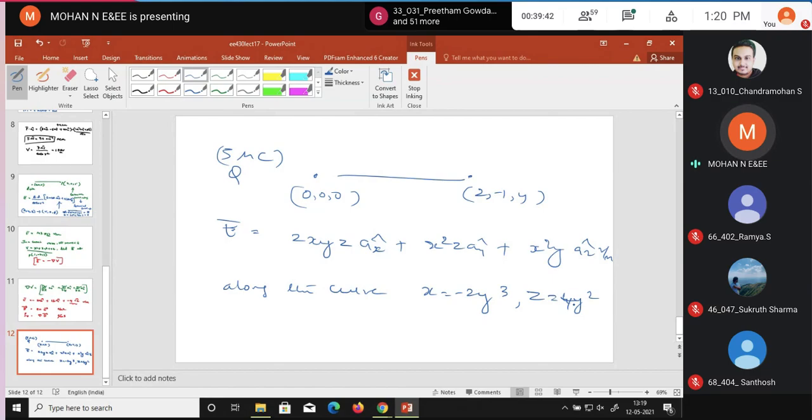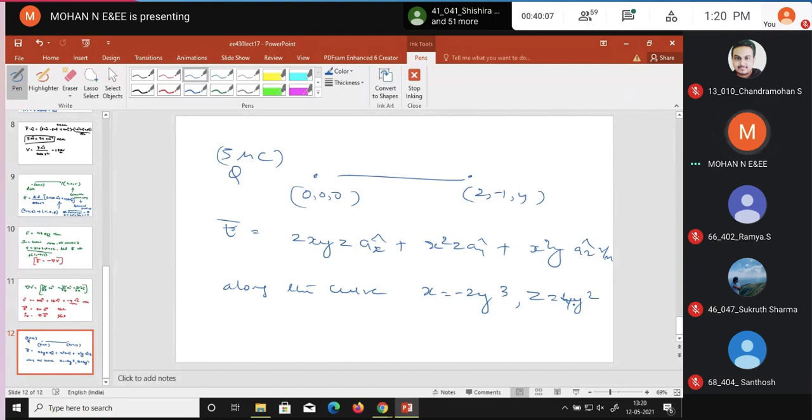The work done is independent of the path chosen, provided the terminal points are the same. Here the points are origin and (2, -1, 4), and the charge is moved along the curve x is equal to -2y cube and z is equal to 4y square.